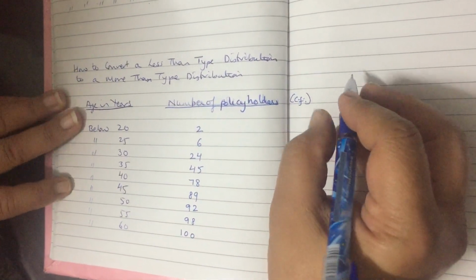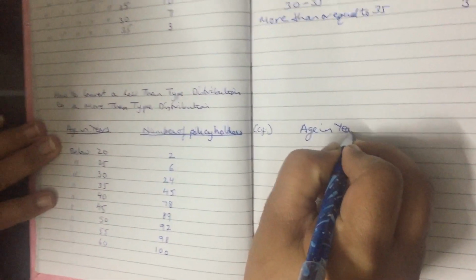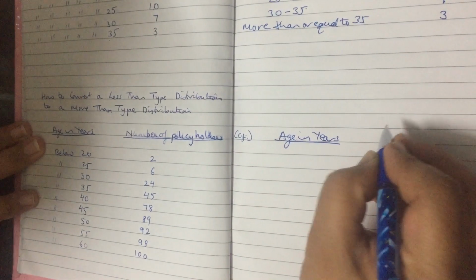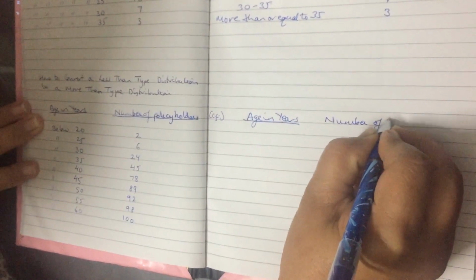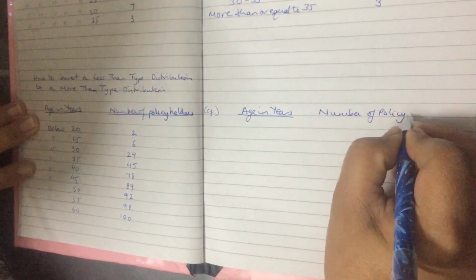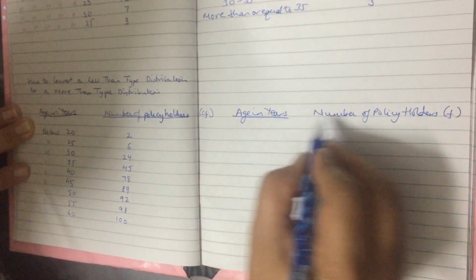So now we are converting it into a normal table. This is age in years. This is number of policy holders, which is now the frequency.